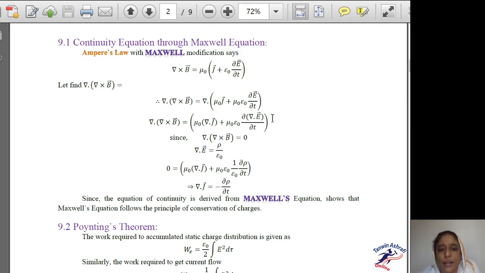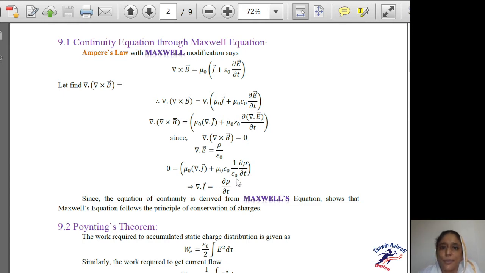On the right hand side, we know del dot E by the Gauss law is rho by epsilon naught. If we substitute that value, we get 0 is equal to mu naught del dot J plus mu naught epsilon naught times 1 upon epsilon naught del rho by del t.